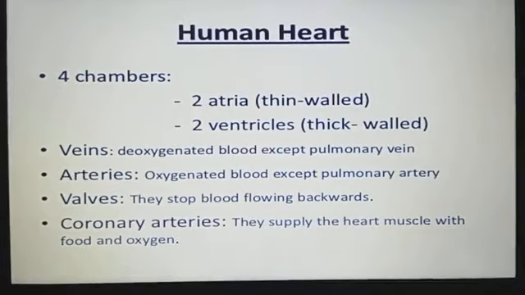So, these are the few important terms which you need to remember. The heart has four chambers, two atria or auricles, and two ventricles. The veins carry deoxygenated blood, except the pulmonary vein; arteries carry oxygenated blood, except the pulmonary artery.